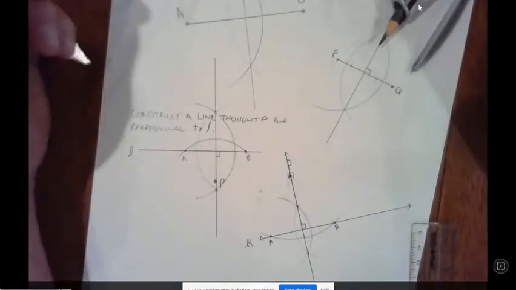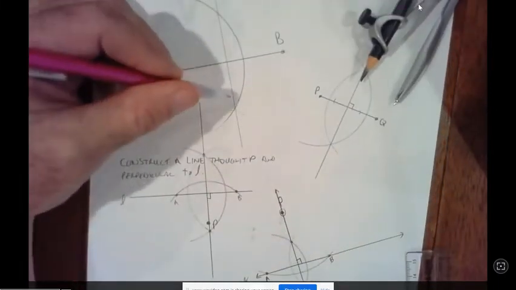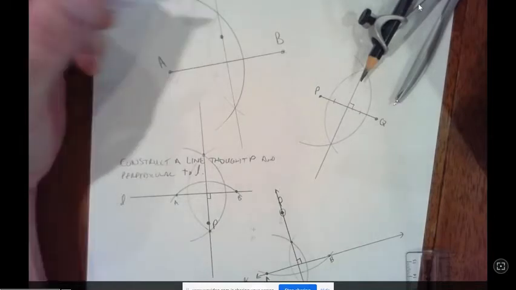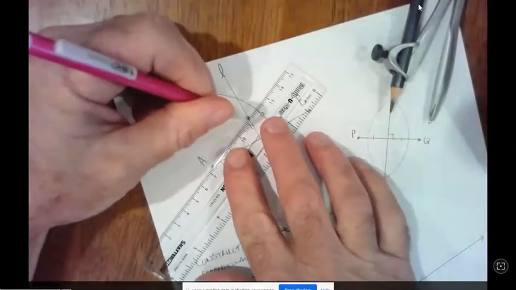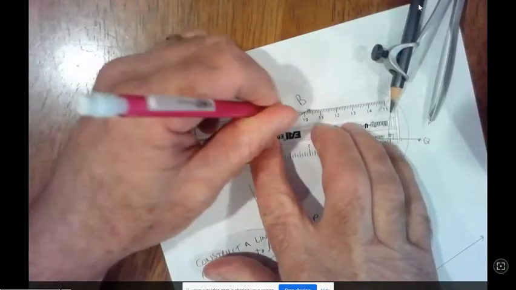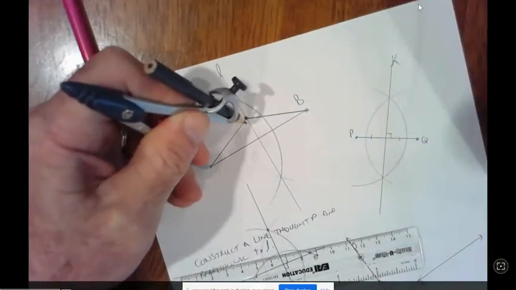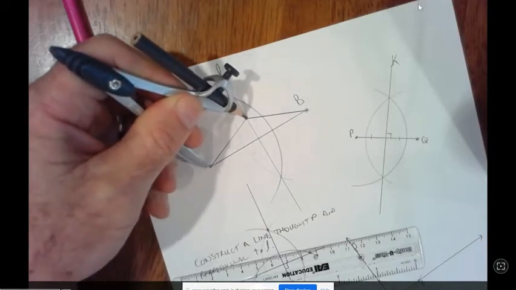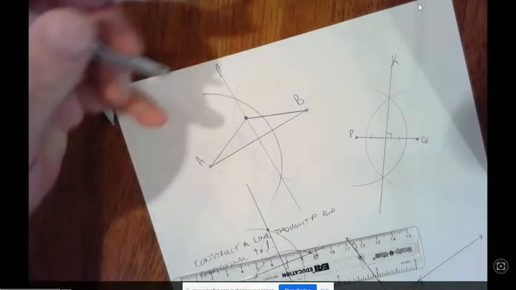Okay, now one thing that we should notice on all these perpendicular lines that we just constructed: if we pick any random point on the perpendicular line, and draw segments to the endpoints A and B, those are always going to be the same length. So if I put my compass here and adjust it so it reaches just to that point, that's the length of that segment.